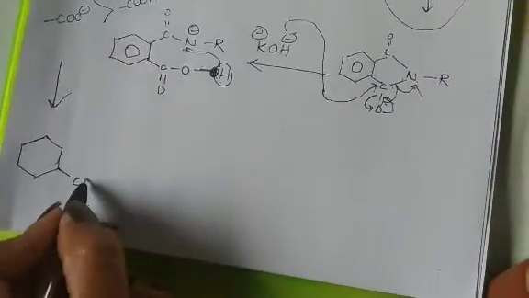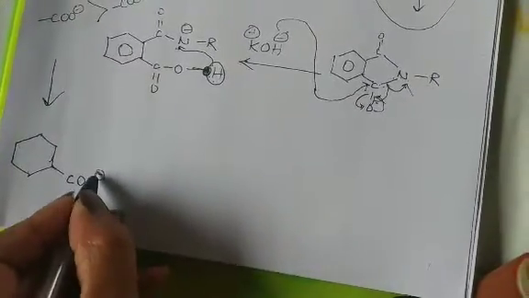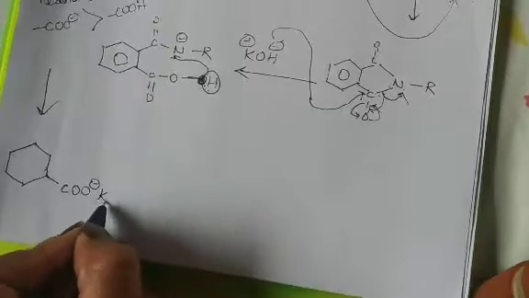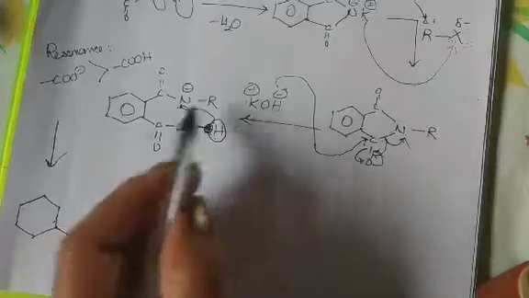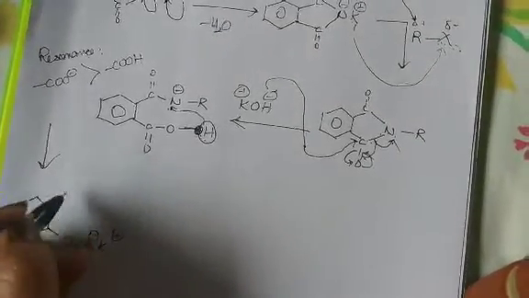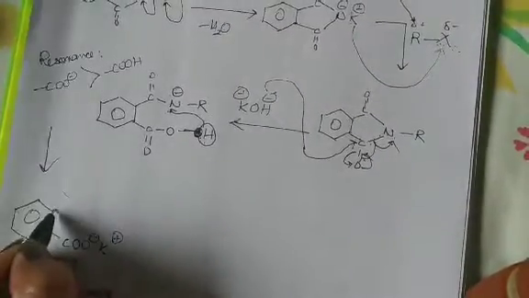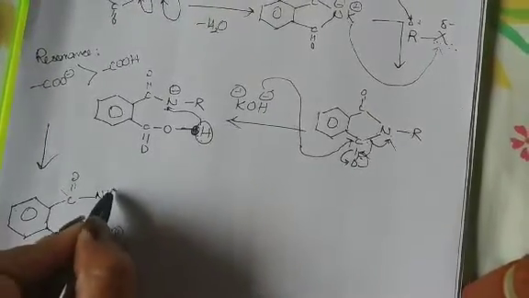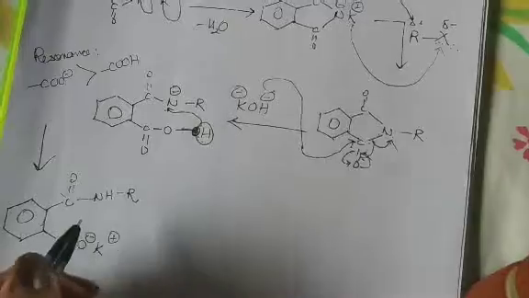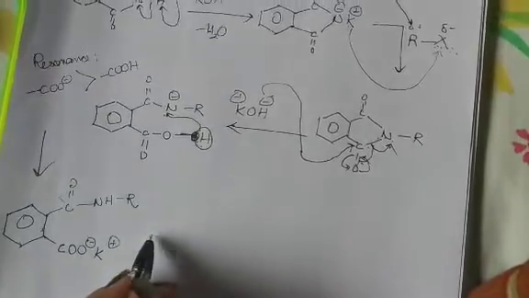Therefore, we get COO minus, more stable than COOH. The K plus will come here, and then NHR. So that is the product.